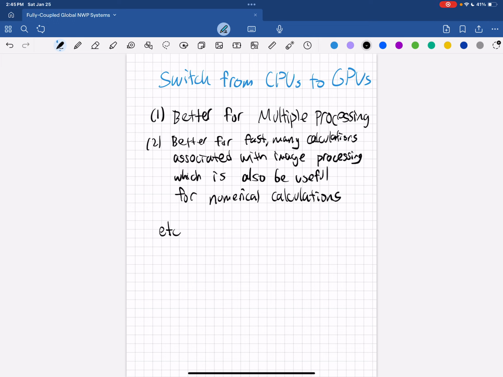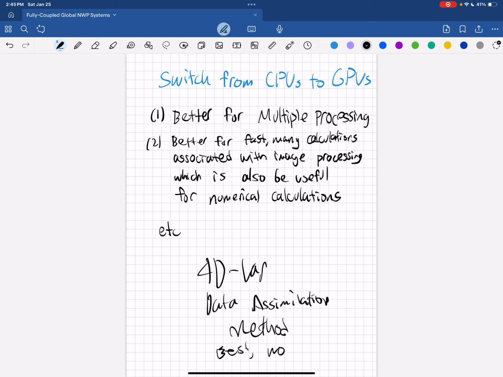And the next thing I'm going to look at and try to go into, but I actually need to learn, something I've looked at a little bit before but want to complete my understanding of, is 4D-Var, which I discussed in this, which is a data assimilation method. I think it's the best and most modern one.